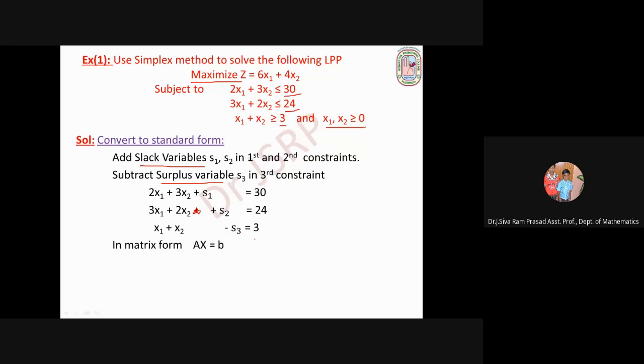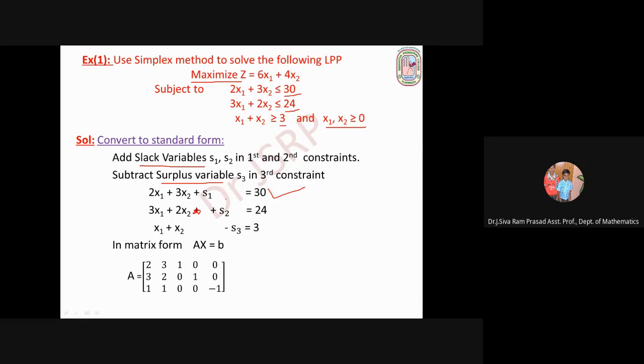Next step is to write in matrix form, Ax equals b. First write the coefficient matrix A. The first row is the coefficients in the first equation: x1 coefficient 2, x2 coefficient 3, s1 coefficient 1.